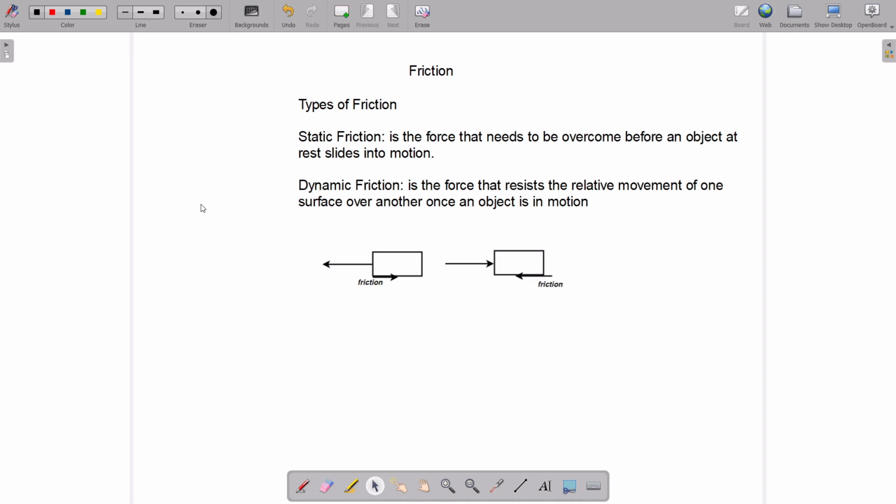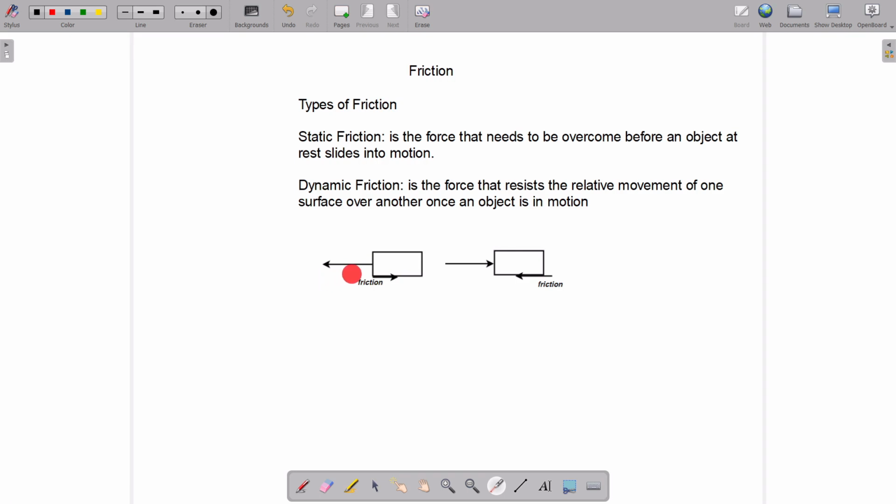If we look at the image depicted, we see friction at work between two surfaces. If we consider the object to be a block resting on a table, friction exists between the surfaces in contact. In this diagram here, we see the object is being moved towards the left.